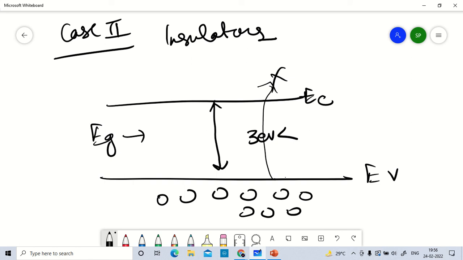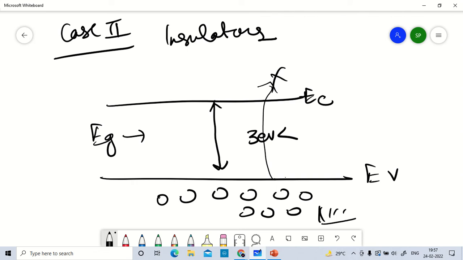So there are no electrons in the conduction band, and therefore no electrical conduction is possible. Note that the energy gap is so large that electrons cannot be excited from the valence band to the conduction band even by thermal excitation. Even if you heat them or supply them energy, they are still not able to cross, because the energy gap is very high.